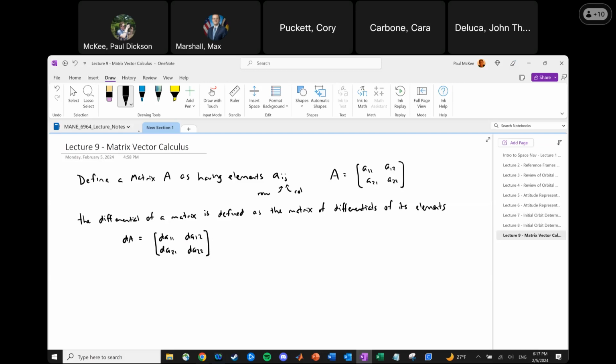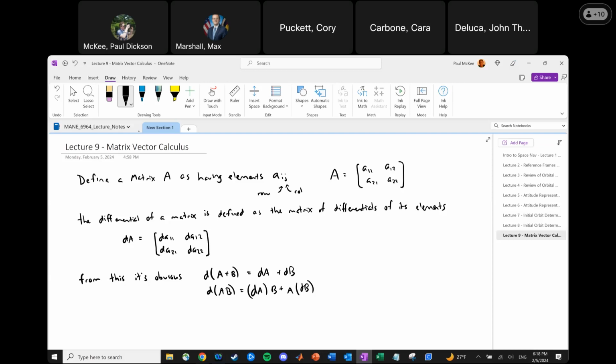From this, hopefully obvious, the differential of A plus B is just the differential of A plus the differential of B. And the differential of A times B is the differential of A times B plus A times the differential of B. Right?